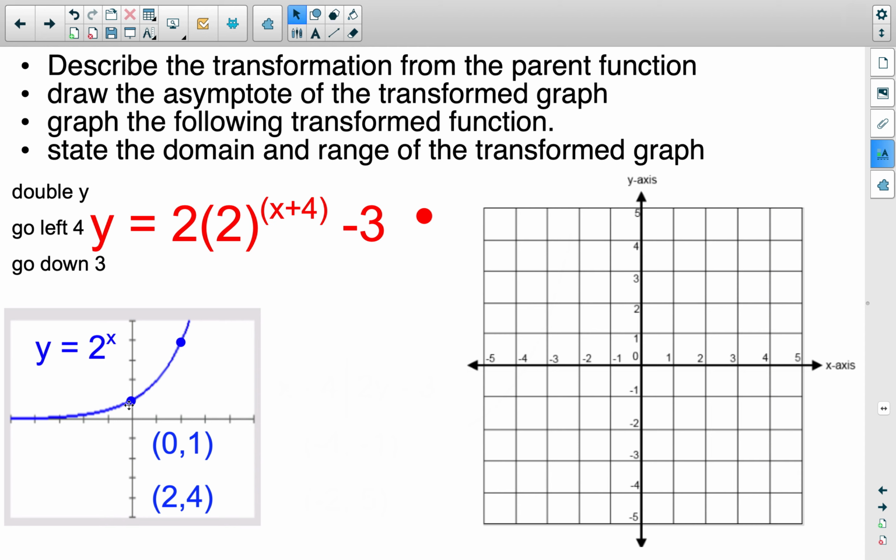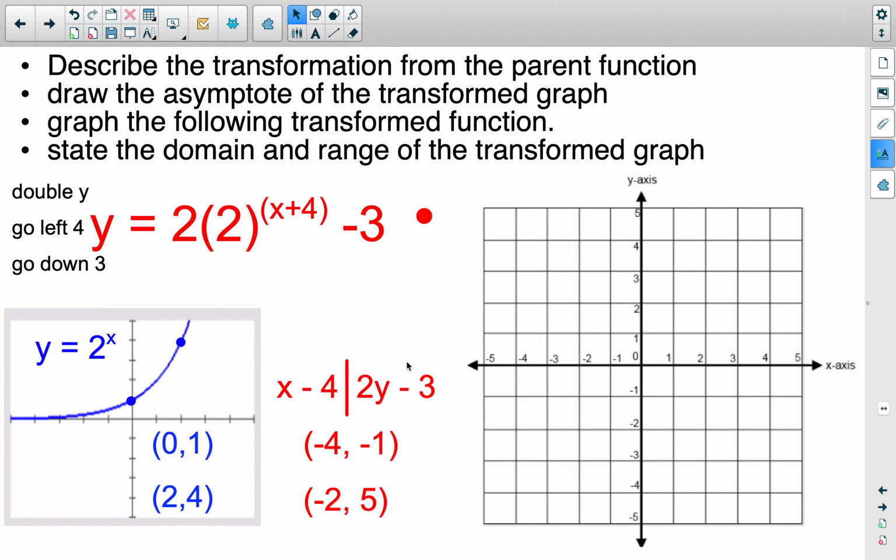So I just took 2 key points, 0, 1, and 2, 4, because those are pretty nice points to deal with. And if I think about my transformations, my x is going to the left. So I'm going to take all my x's and subtract 4. So 0 minus 4, 2 minus 4, you can see that math from blue to red.